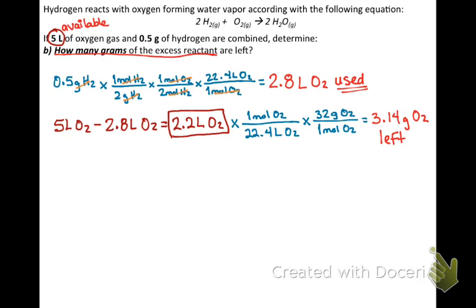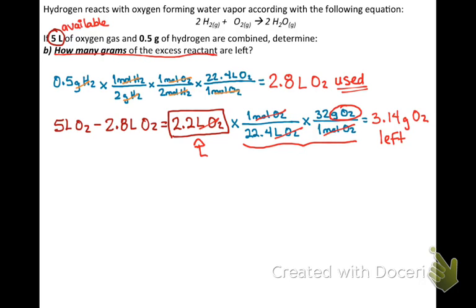Here, cancelling units like this, we have grams of oxygen left because we are calculating them from the liters of oxygen that were left. Another possibility is to make these two just one factor.